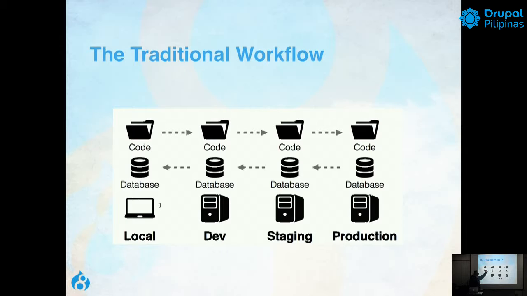So you code, and your code goes to your local machine, and then you upload that to your development. Your development can be a separate server, like server 1, server 2, server 3. Your dev is where you do your heavy development.